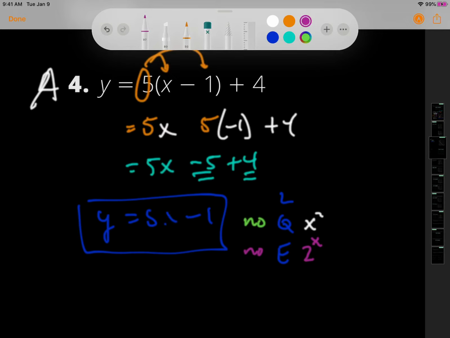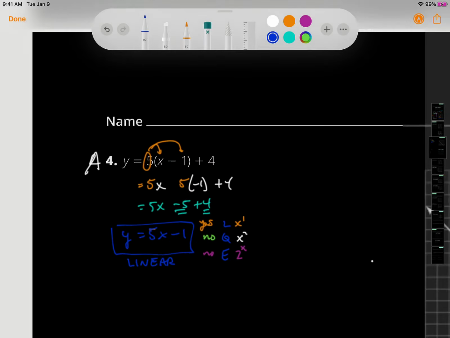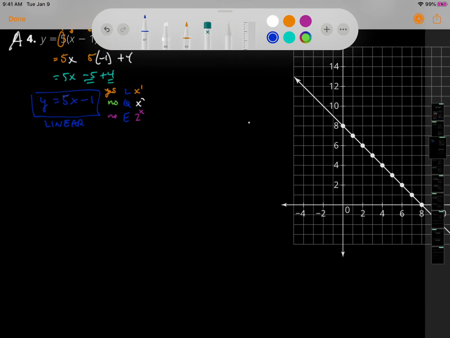So this one is linear. Why? Because it's really just x to the first power, okay? And this is in slope-intercept form. So we know that this one is linear. Let's see if they are the same over here.